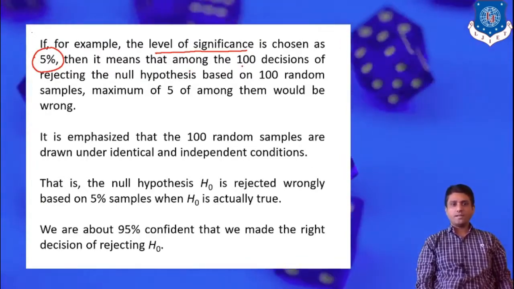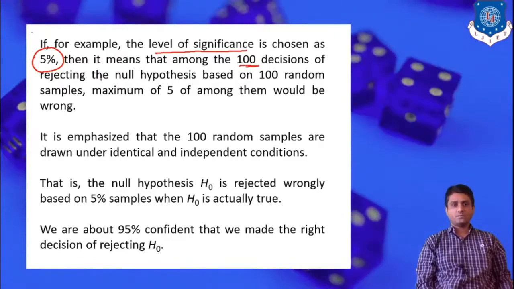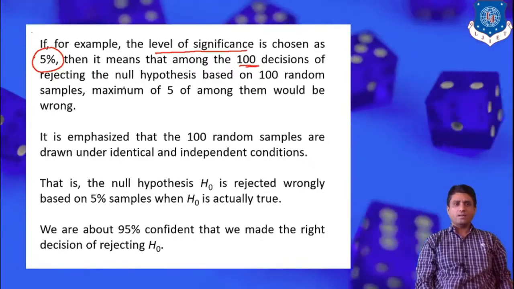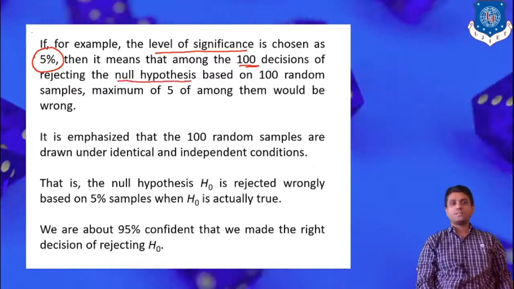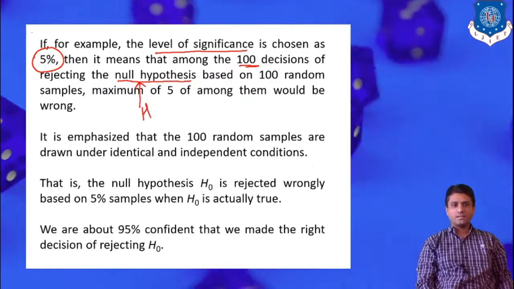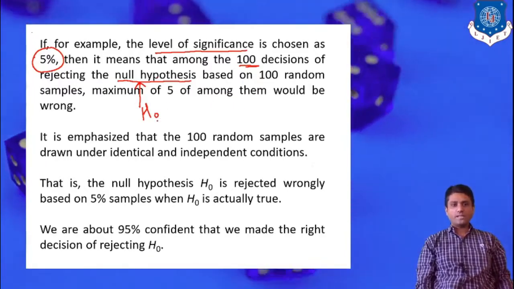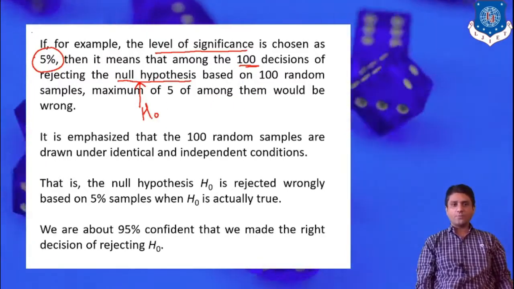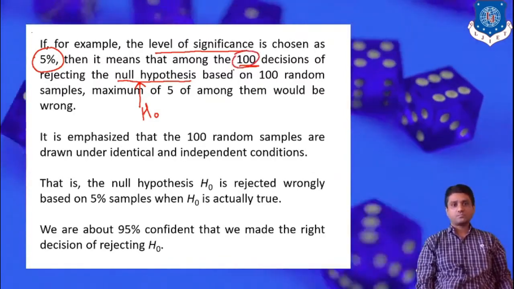Suppose we consider 100 samples, that is 100 decisions, and we define a null hypothesis, H0, where 0 stands for null, and we have to reject or not reject this null hypothesis in the context of these 100 sample points.